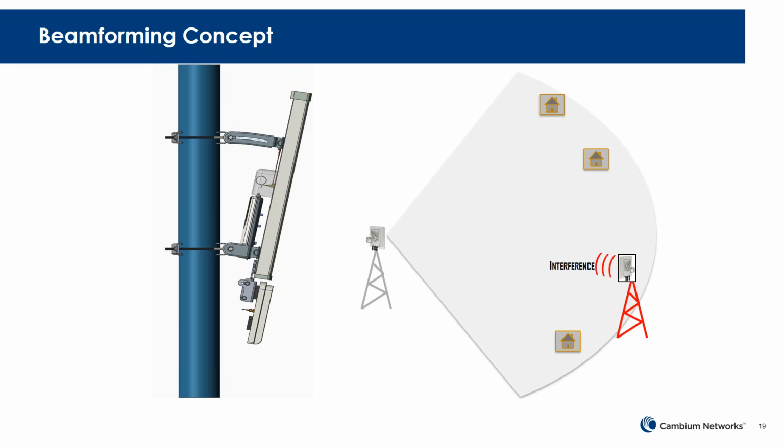In a typical sector without beamforming, our signal is received at the receiver along with any interference that's generated. That interference is noise that decreases our SNR. But with beamforming, we're able to create 3 different beams by applying a different phase shift to the signals that we are receiving.